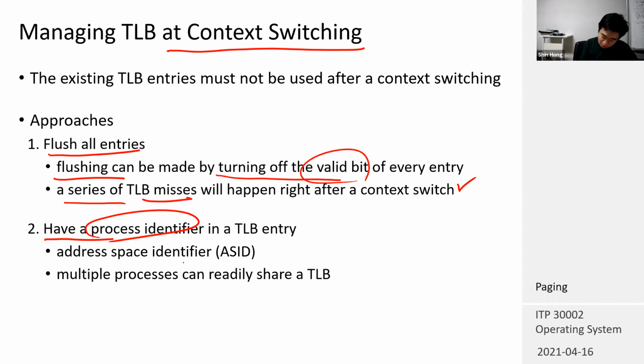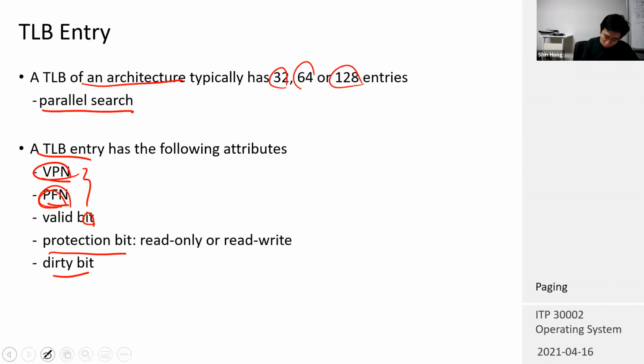And here the process identifier is sometimes called an address space identifier. Address space means the virtual memory of a certain process, right? So you can just think of it as a process identifier, or a proxy of the process identifier. How? We add another field here, the address space ID, ASID.